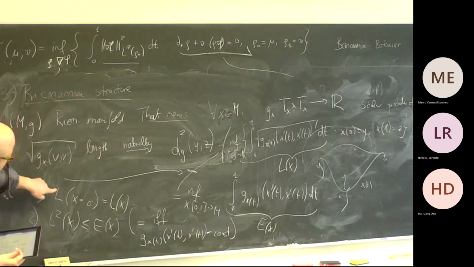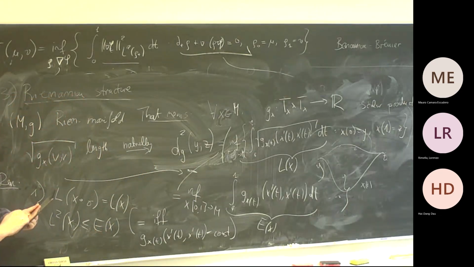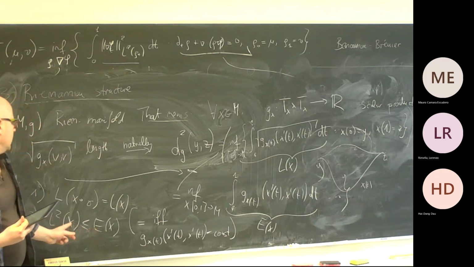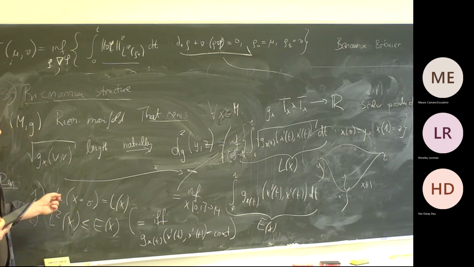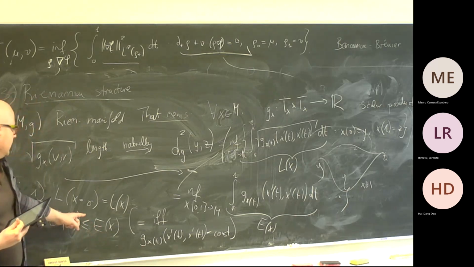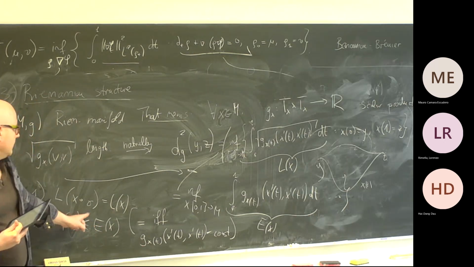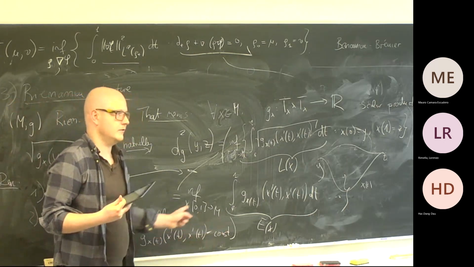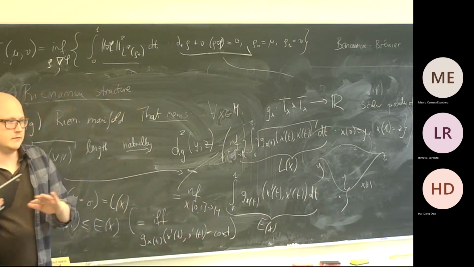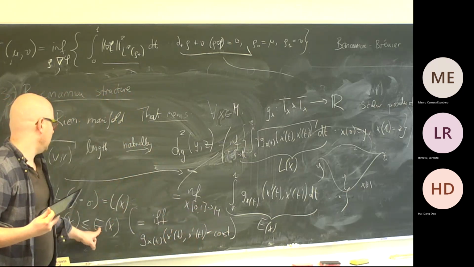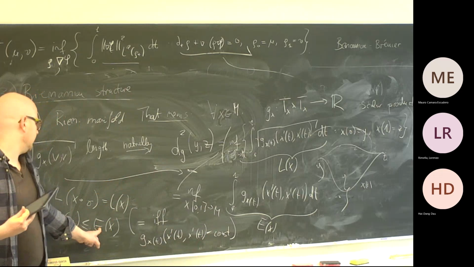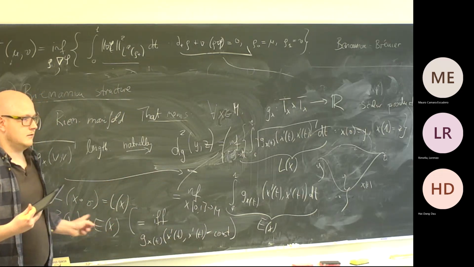And if you see these two things, then minimizers of E are always minimizers of L, because if we have a curve that is not parameterized according to this, then we can reparameterize it, and this will make E smaller. And it will then be the same as L.